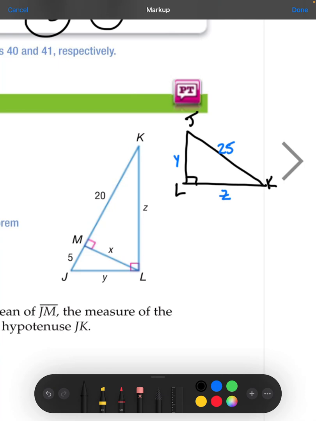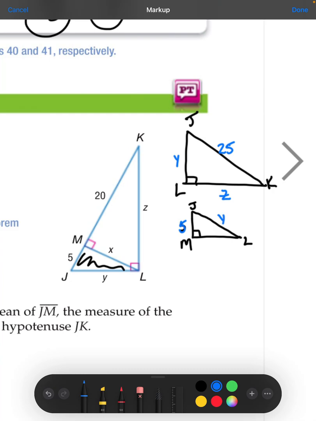Now, if I chose to do the little one, remember they're similar, but it's just smaller. So I'm on this one right here. This is M. Now that smaller, longer side is L, and then J is at the top. So MJ is 5. I'll put that in blue.